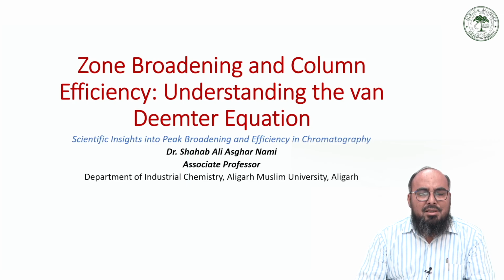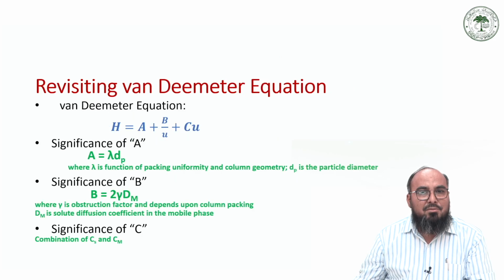We have already discussed that plate theory was a purely hypothetical concept given by Martin and Synge, while the other concept, the rate theory, was based on the Van Deemter equation. So we are moving forward with the Van Deemter concept and trying to quantify the column efficiency with regard to zone broadening. Let us delve into the subject again.